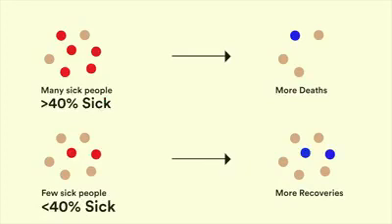Otherwise, more people recover. A death will be shown by a dot disappearing and recovery will be shown by the dot turning blue. In this case, we are assuming that once the patient recovers, they will not get infected again. Let's begin.